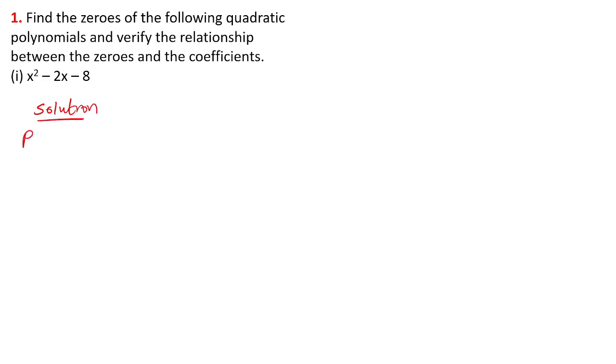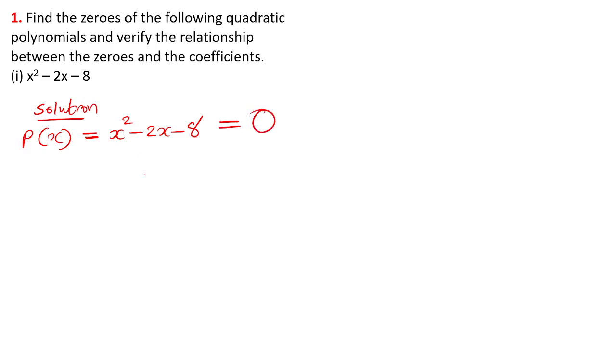We are given a quadratic polynomial p of x equal to x square minus 2x minus 8. Is it clear? How will you find zero? Zero means for what value of x this becomes 0?